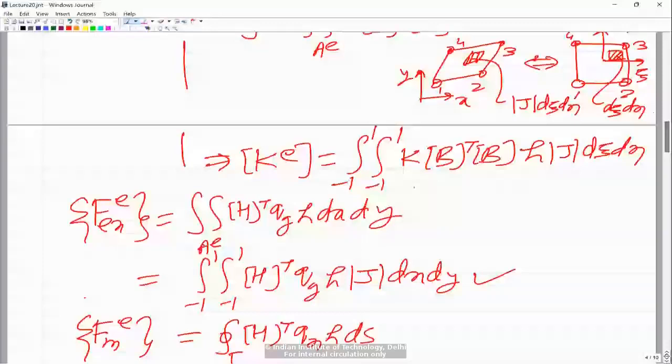And in finite element, the most popular numerical integration scheme for evaluation of the stiffness matrix and load vector is the Gauss quadrature numerical integration scheme.